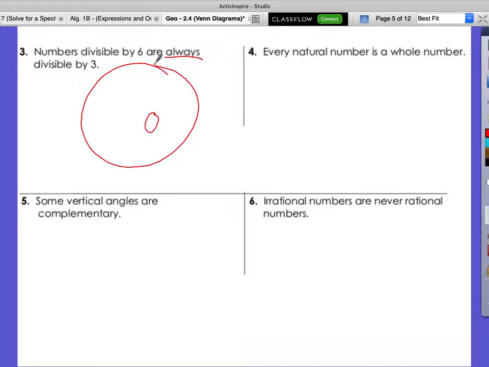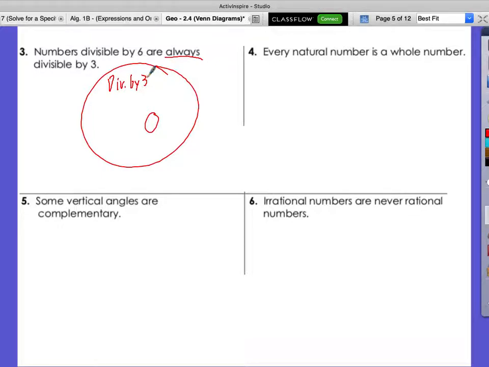We're saying if a number is divisible by 3, is it automatically divisible by 6? No. So can the divisible by 3 be the small one then? No, it can't be. The big one is the numbers divisible by 3, because more numbers are divisible by 3 than by 6. Is 3 divisible by 3? But is it divisible by 6?